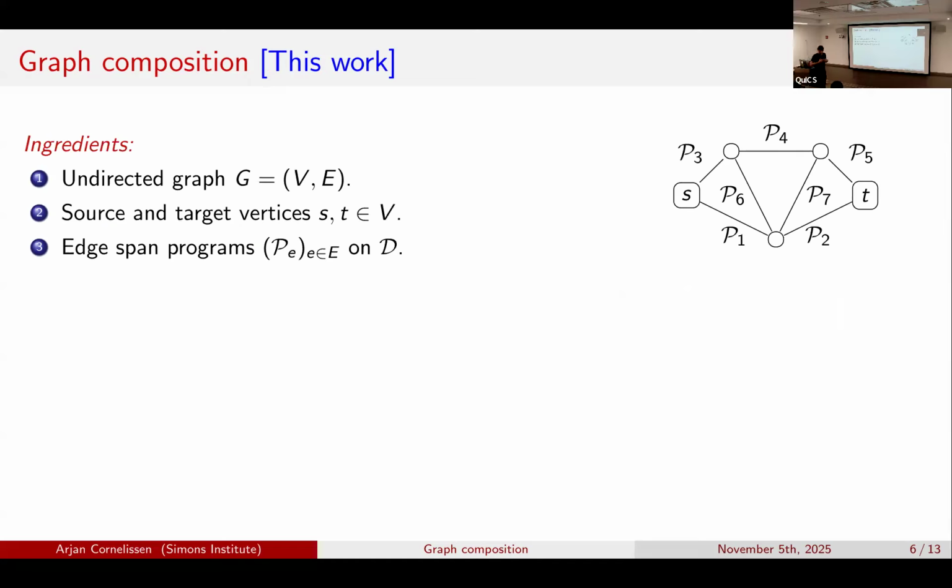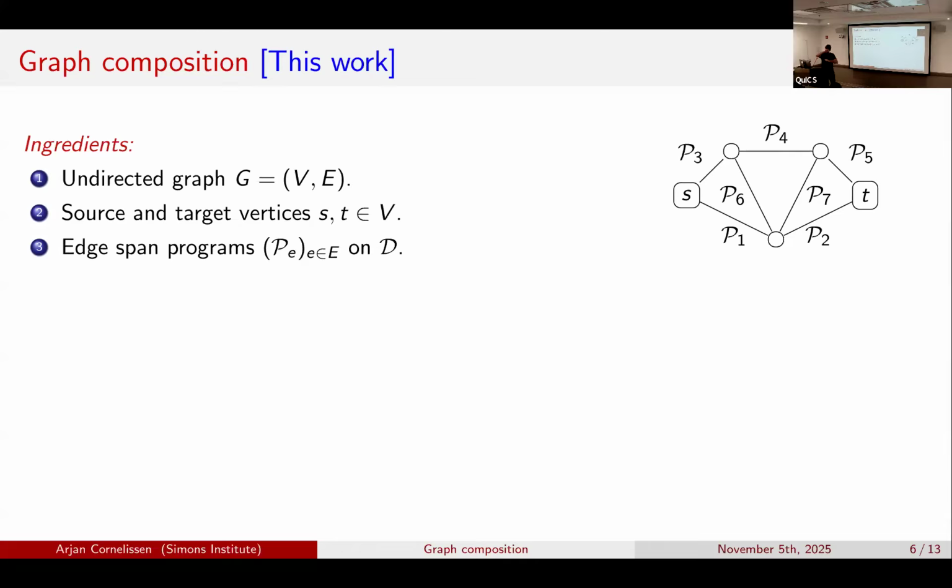The ingredients that you need to define an instance of the graph composition framework is you first need to define an undirected graph. And then in this undirected graph, I want to single out 2 nodes which are the source and target nodes, S and T. And then finally, on every edge in the graph, I want to associate a span program to that edge.